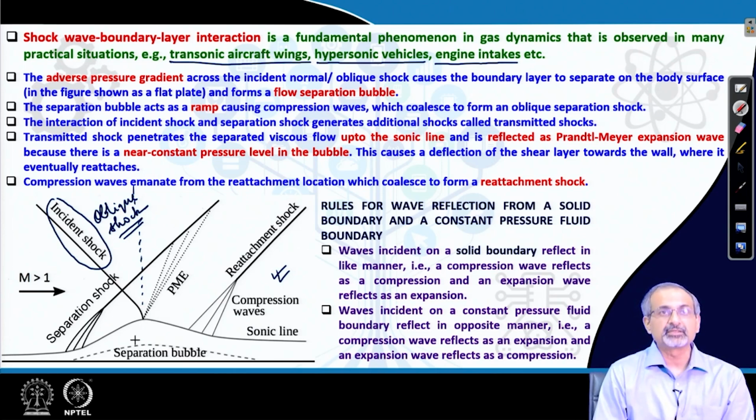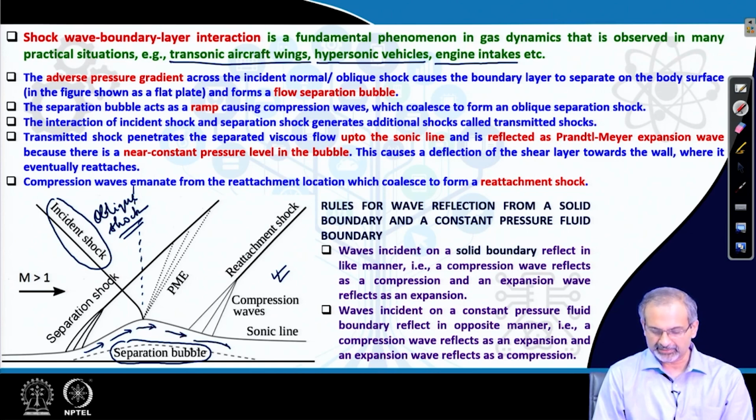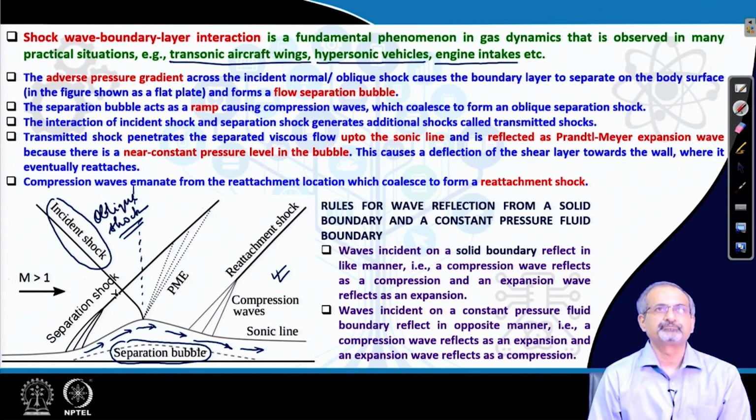produces an adverse pressure gradient which makes the boundary layer separate, and there is a separation bubble formed below. The flow streamlines lift off from the surface, and they manage to go back and reattach after some distance. That produces a kind of separation bubble situation when a shock interferes with a boundary layer.